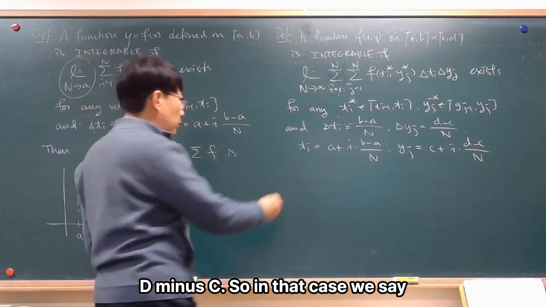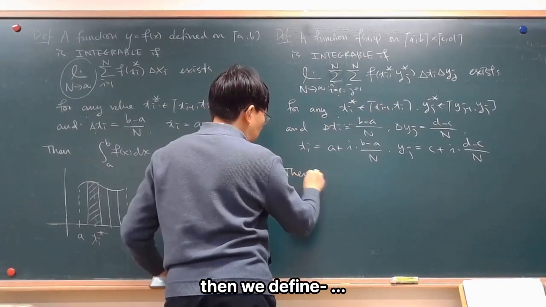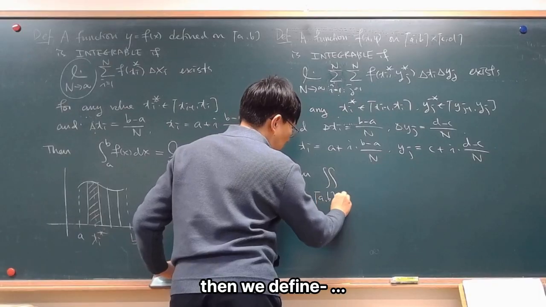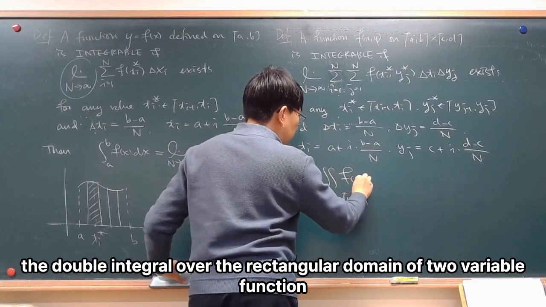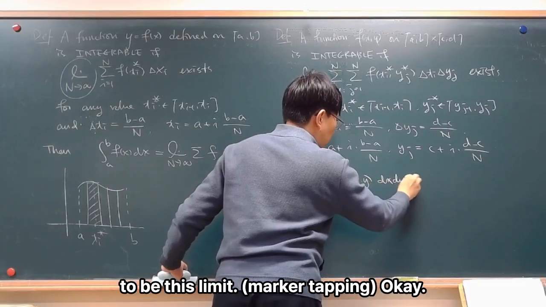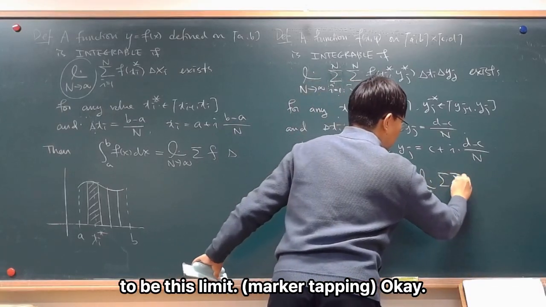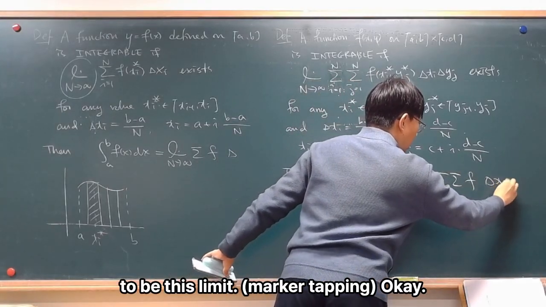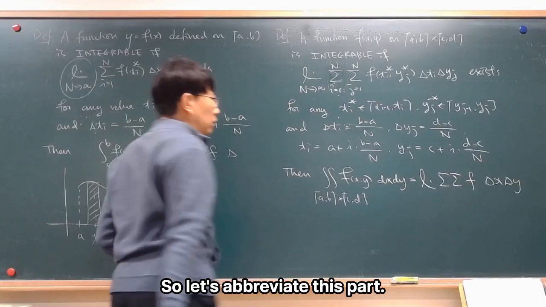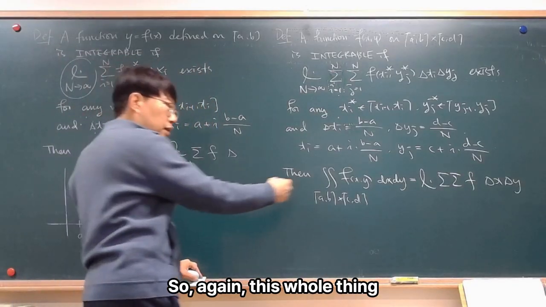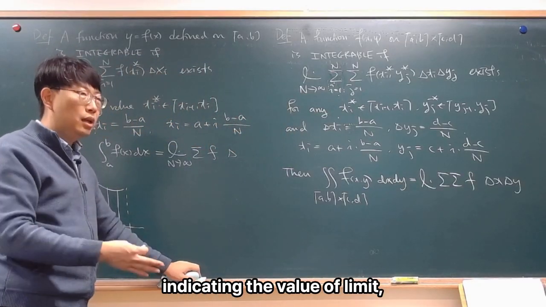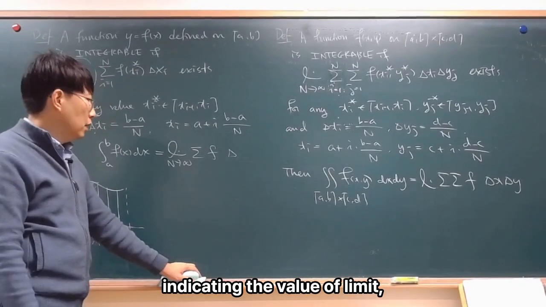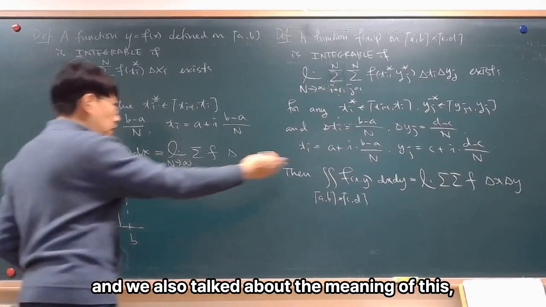In that case, we define the double integral over the rectangular domain of the two-variable function to be this limit. We abbreviate this part, and again, this whole thing is just one notation indicating the value of the limit.